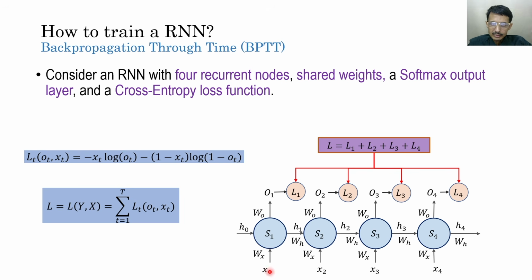So with respect to the input, that is the output, the corresponding loss is calculated by this. And one important point: the total loss is basically L1 plus L2 plus L3 plus L4. So the total loss is the sum of L of t for t equal to 1 to T, where T is 4. That is how the cross entropy loss is defined.